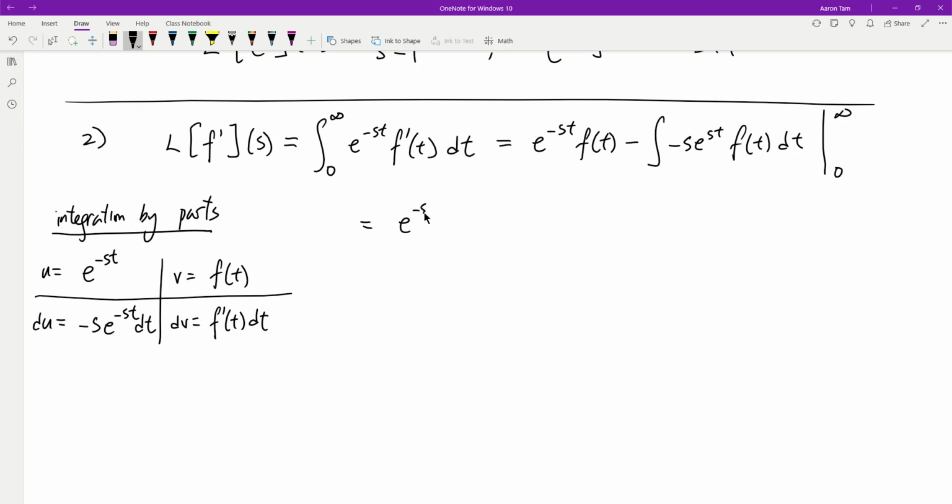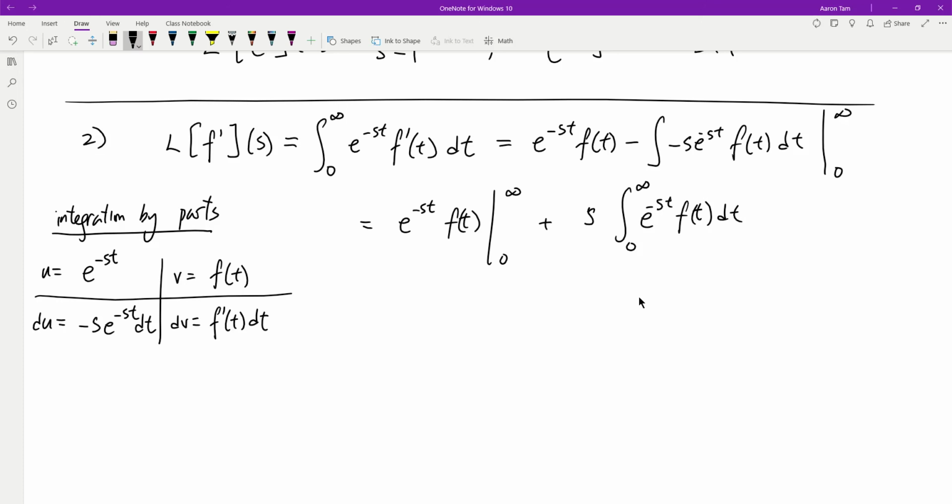That will be e to the negative st f of t, evaluated from 0 to infinity. Notice there's a double negative, so we get a plus. s is a constant because we are integrating with respect to t, so we pull out s times the integral of e to the negative st f of t dt from 0 to infinity. Oh, I forgot the negative. There you go, negative.